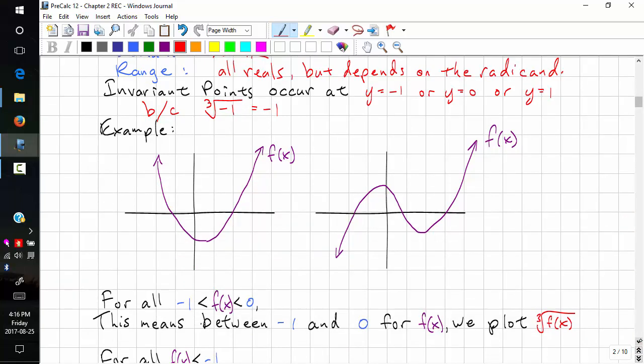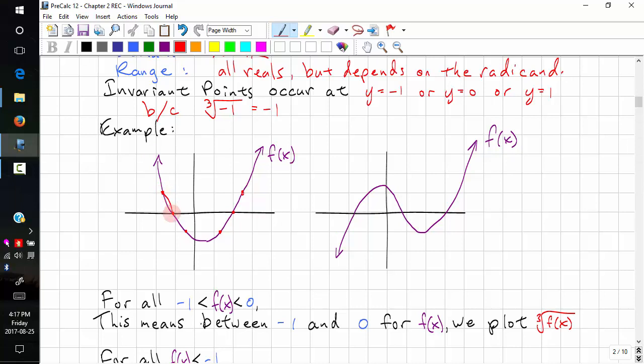So let's look at some examples. So we plot the invariant points, 1, 0, -1, -1, 0, 1. Okay, let's plot the points above the x-axis first.